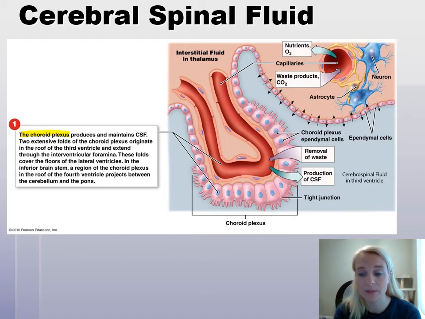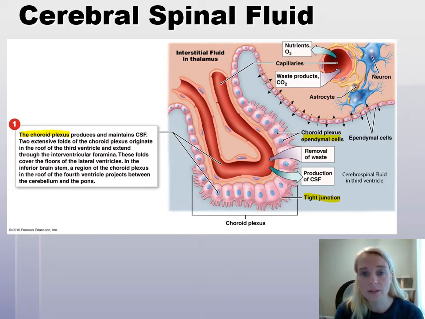So if you guys remember ependymal cells from our chapter 12, they are held together by tight junctions. Right, so tight junctions, remember from 231, don't allow things to go through. Anything that's transferring has to come through the cells, the endothelial cells lining the capillary and the ependymal cells.